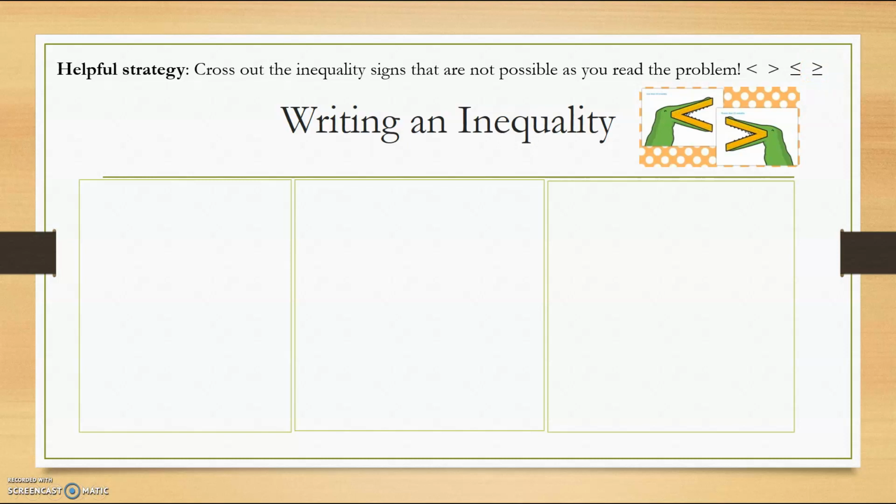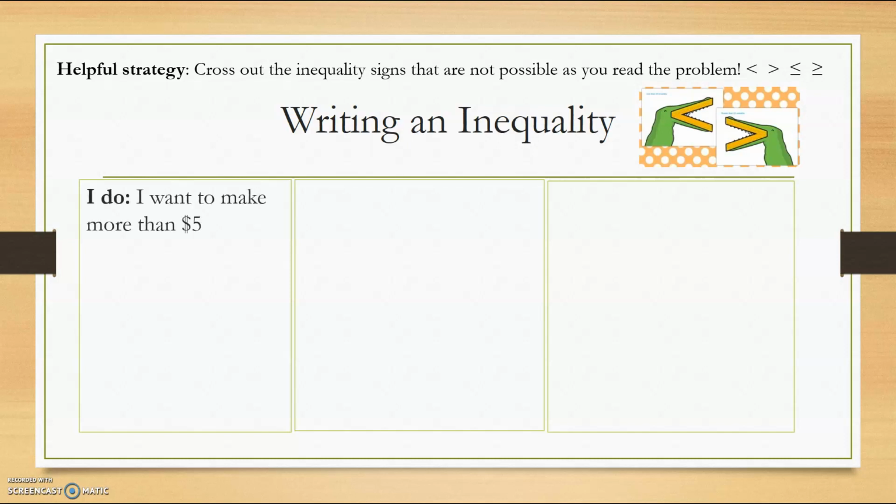Meaning if it's saying more than, it couldn't be less than or less than or equal to, right? You'd have to choose between the greater thans. And then here's a helpful little image to the right with the two alligators. Remember, the alligator always wants to eat the bigger possibility, okay? Whether that be the variable or the given integer.